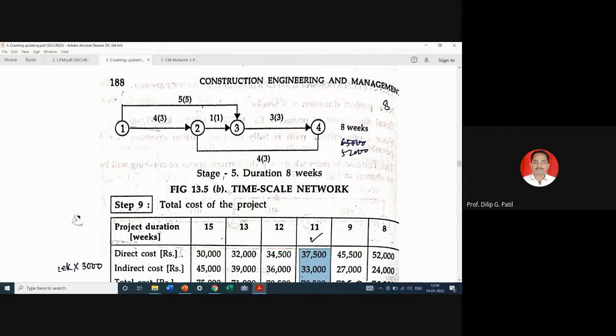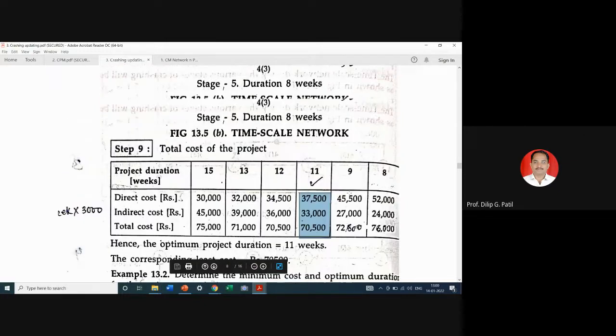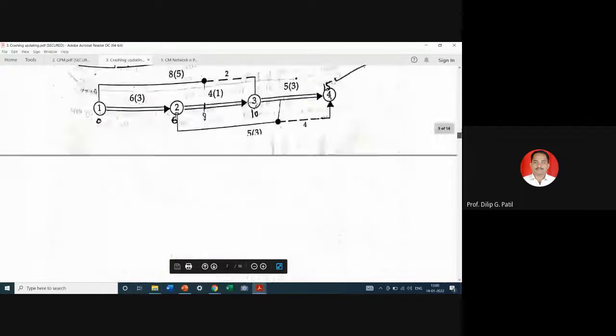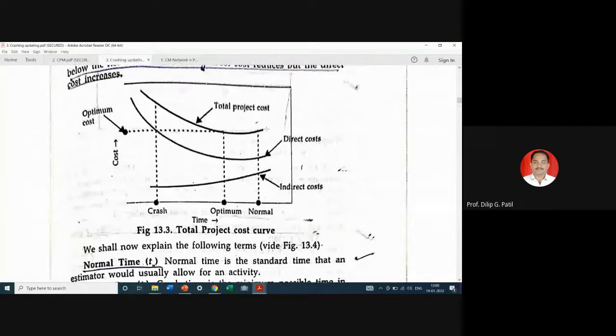So here you can see, now you can plot the graph of cost versus time. You can plot time on the x-axis and cost on the y-axis, and you will see that for 15 weeks, that is at this point, if we see this total cost curve, for 15 weeks or normal duration the total project cost is maximum or more.